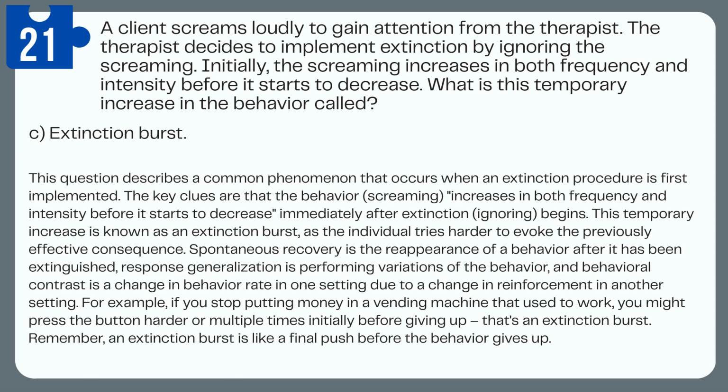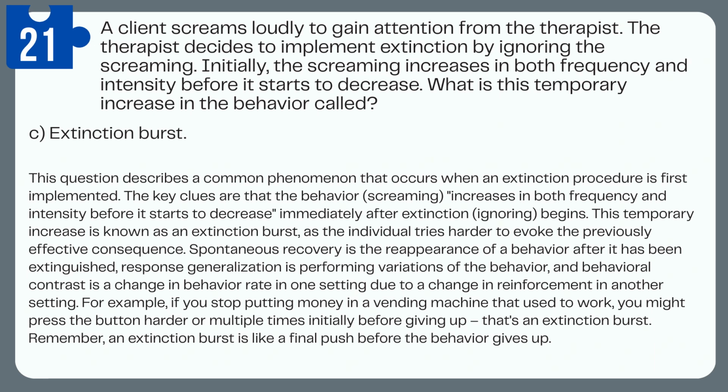Answer C. Extinction burst. This question describes a common phenomenon that occurs when an extinction procedure is first implemented. The key clues are that the behavior, screaming, increases in both frequency and intensity before it starts to decrease immediately after extinction, ignoring, begins.